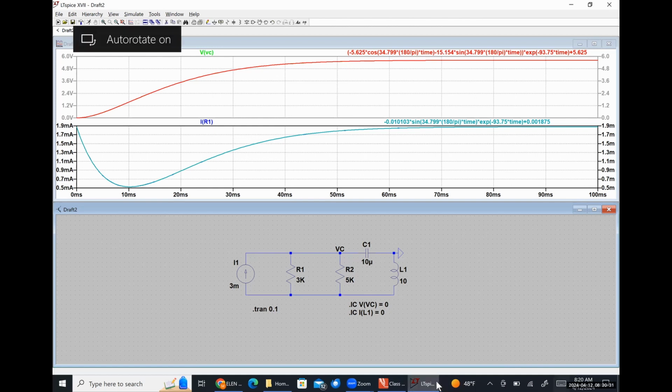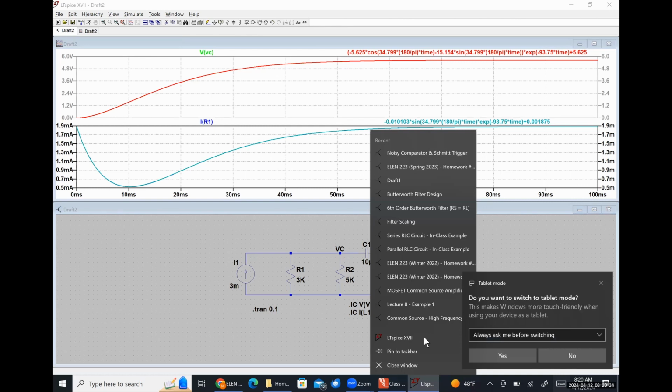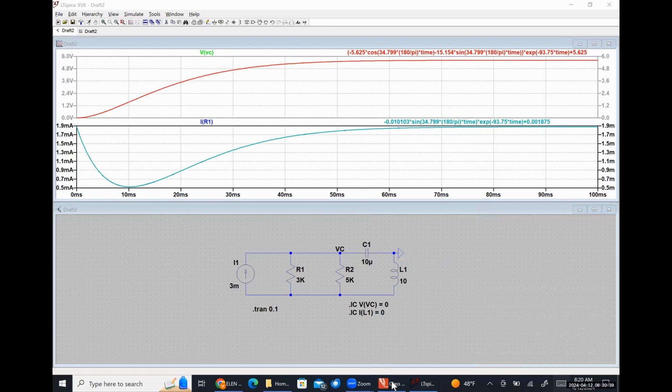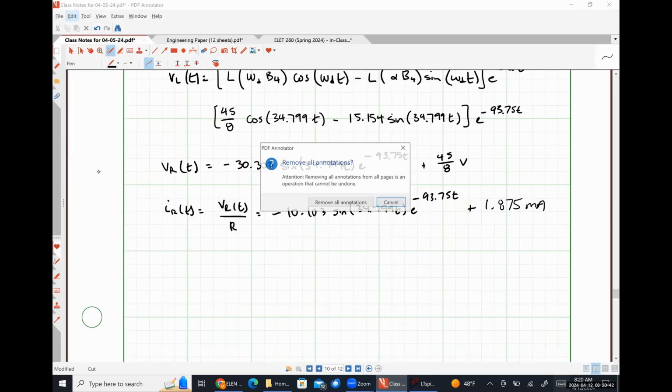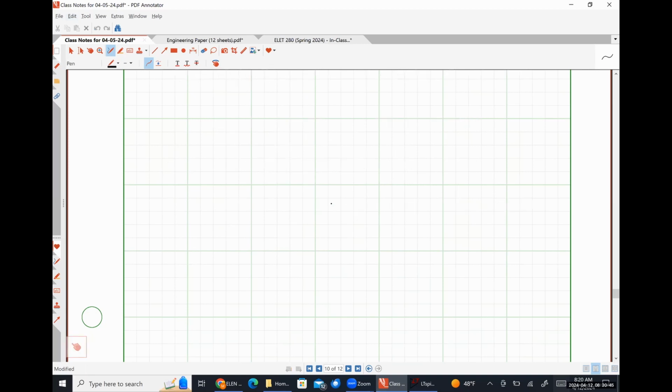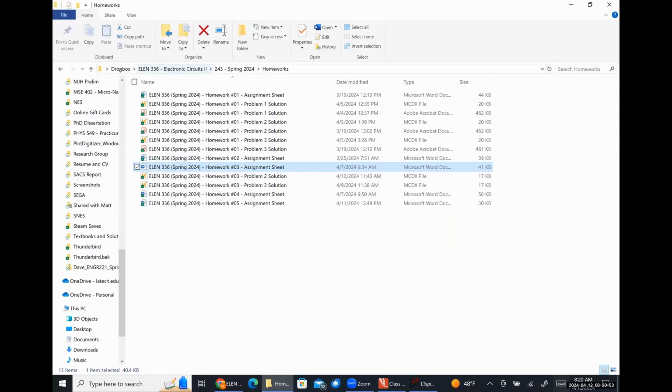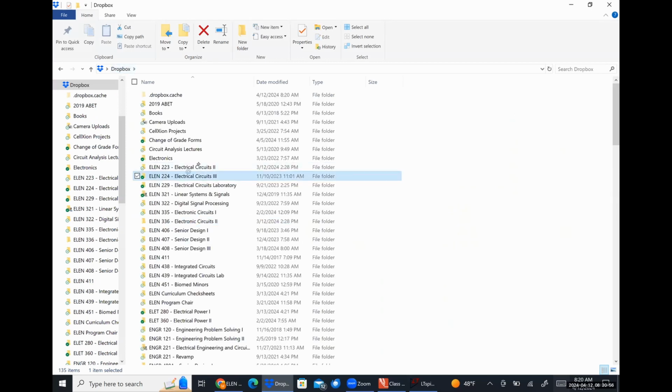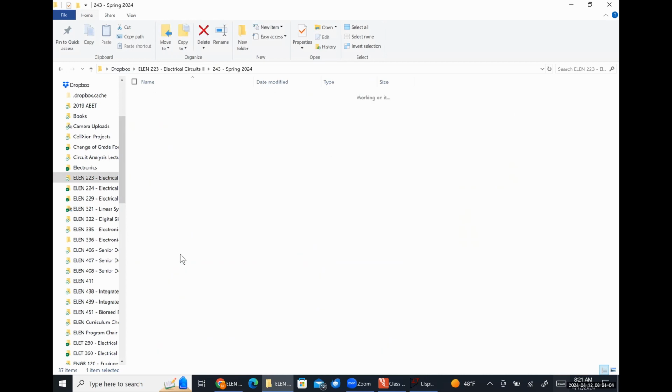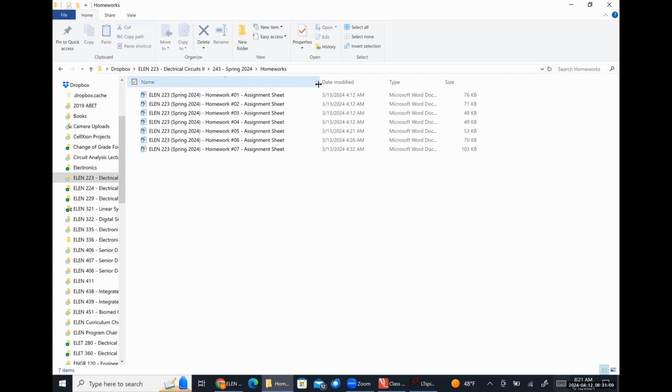All right, so let's take a look at the problem containing a dependent source. I don't remember exactly what that is off the top of my head, so give me a moment to pull it up. Excuse my damn mouse. So the parallel RLC circuit one or the series RLC circuit one?